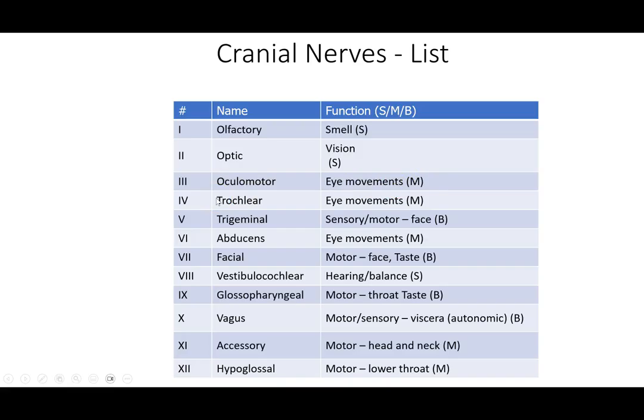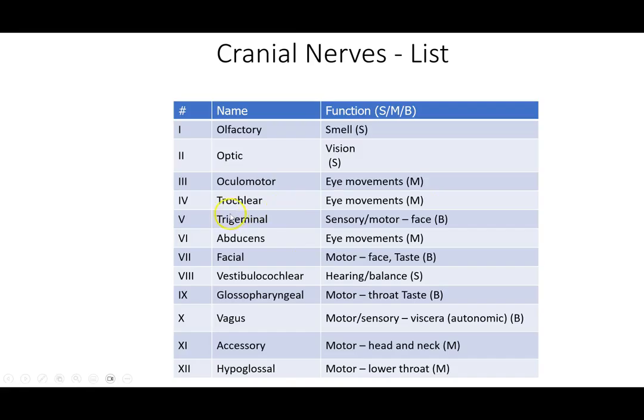The trochlear nerve is also going to do eye movements. So this is another motor nerve. All right, so the oculomotor nerve is responsible for eye movements, and it's controlling 4 of the muscles around the outside of the eye. It's also responsible for lifting up the upper eyelid when the eyes point up, and to help with constricting the pupils, so making that pupil smaller.